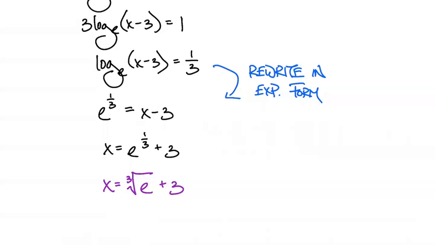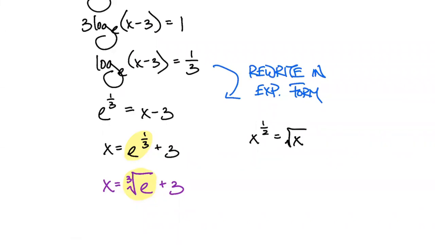In particular, I want us to notice that e to the 1/3 is the same as saying the cube root of e. And that might seem kind of familiar from quiz number 2 last week, right? I think at some point I asked you for something to the 1/2 power. What's another way of writing something to the 1/2 power? Square root. Yeah, this is going to be the square root.